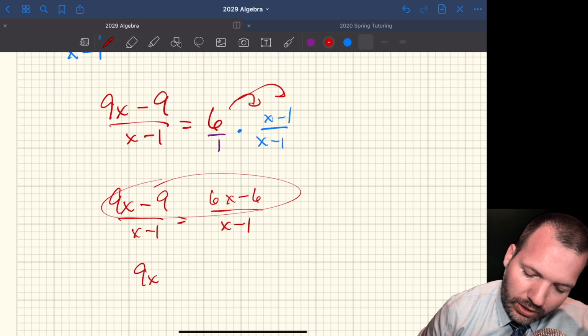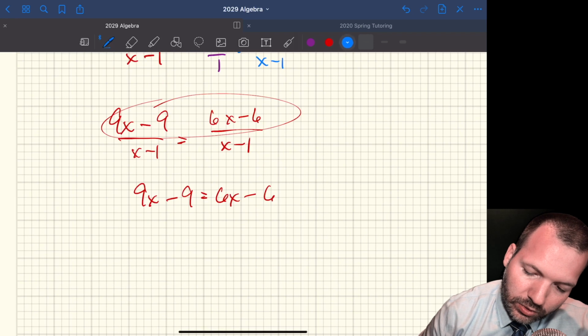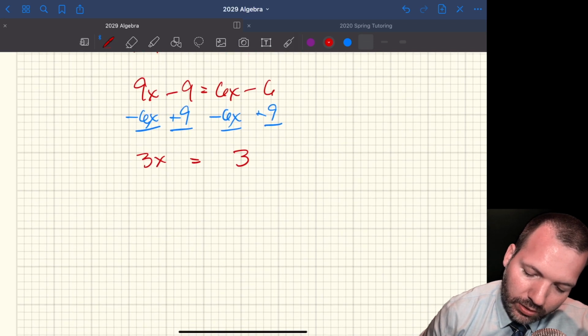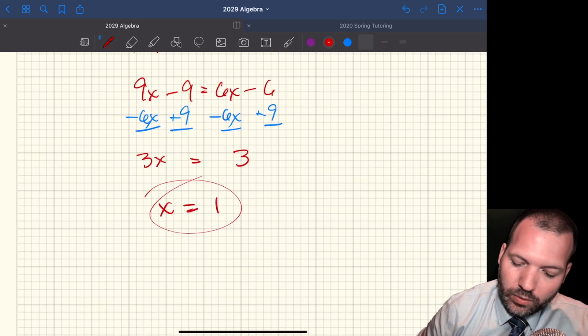And then we can just say 9x minus 9 equals 6x minus 6. Subtract the 6x, subtract the 6x, add the 9, add the 9. And so we get 3x equals positive 3, x equals 1.